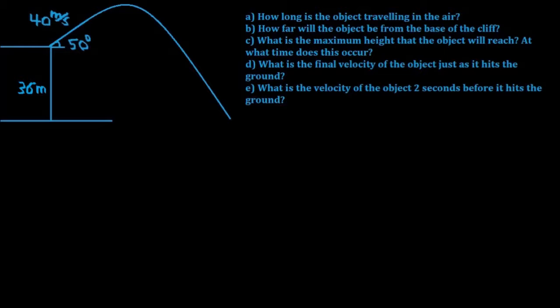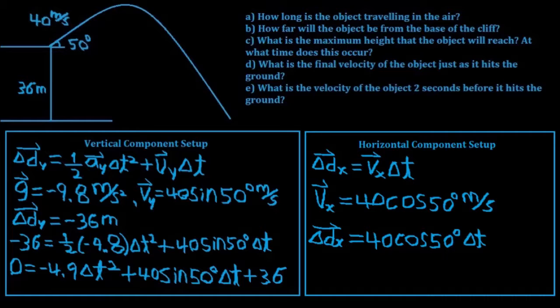Typically these types of problems, you have to break into two components: a vertical and a horizontal component. In the vertical component, you have to use the equation that involves displacement, slash distance, with acceleration, time, and velocity.